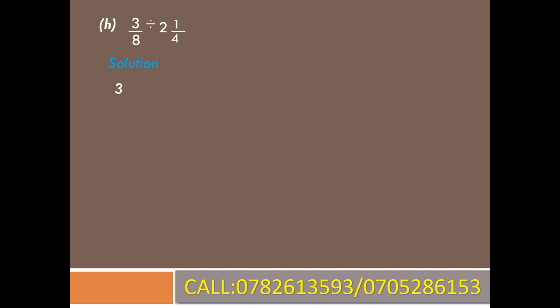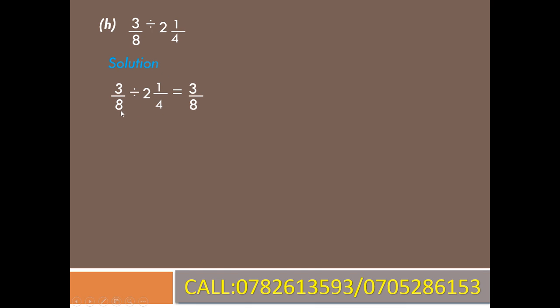That should always be the case. In case you find that you have a mixed fraction, the easiest way is to change that mixed fraction into an improper fraction. So our task is now to first change this, a mixed fraction, into an improper fraction.